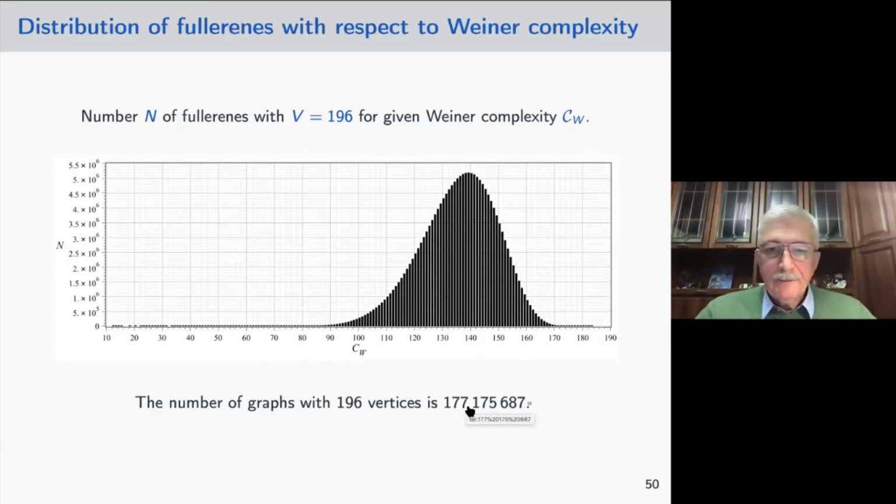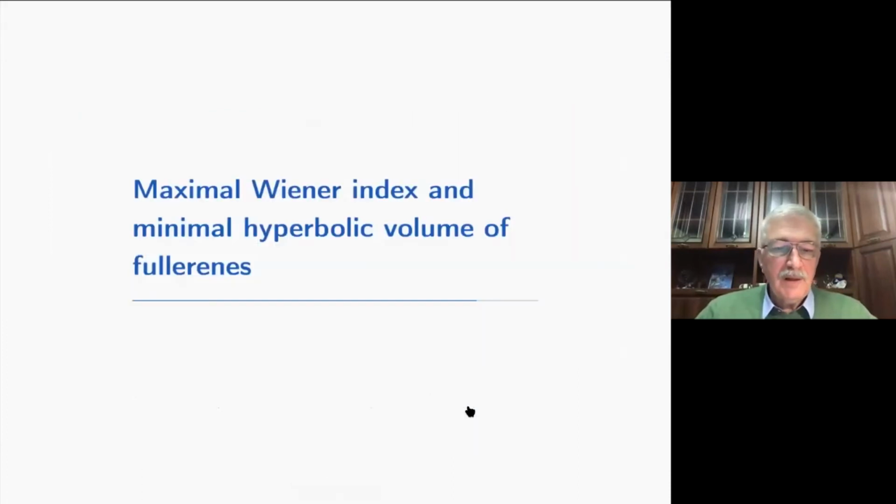We started to work with Wiener complexity, but really we calculated the Wiener index on the way. So finally, I want to make an observation about the relation between the Wiener index and hyperbolic volume.